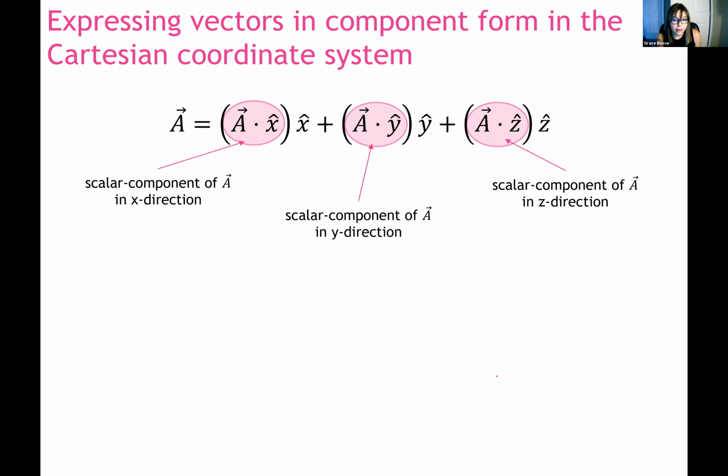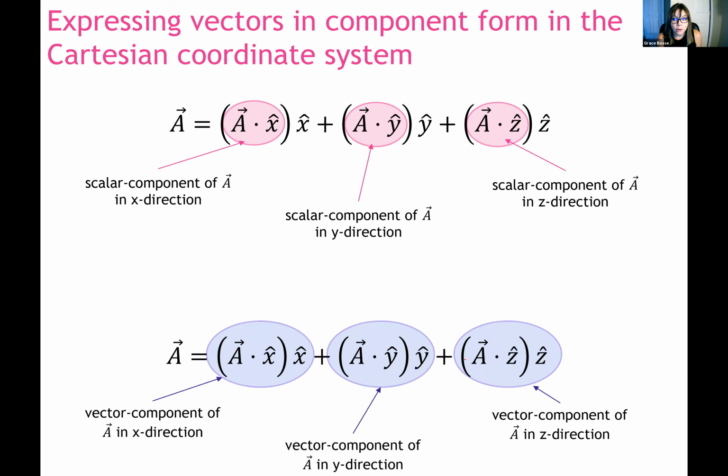A dotted with y, that's the scalar component of vector A in the y direction. A dotted with z, that's the scalar component of A in the z direction. So those are the scalar components. Remember that the vector components are just made up of the scalar component multiplied by a unit vector. So like the vector component of A in the x direction, you just take the scalar component and you multiply it by x hat.